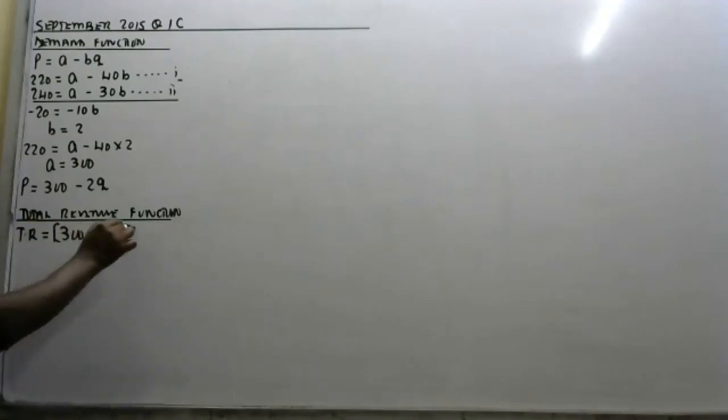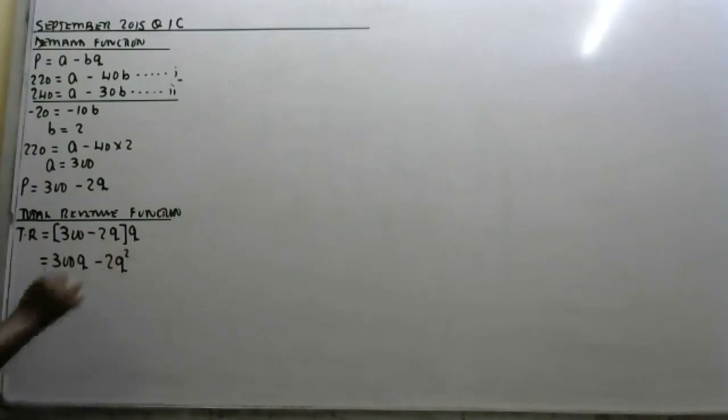You multiply by the number of units Q. And this becomes 300Q minus 2Q squared. That is the total revenue function.